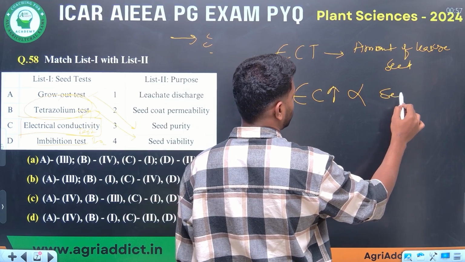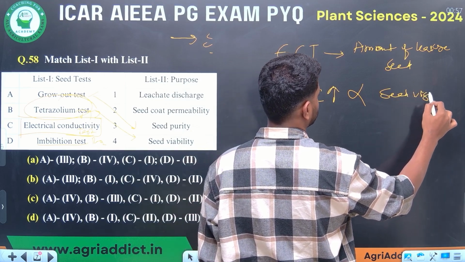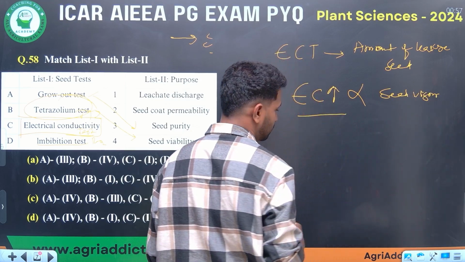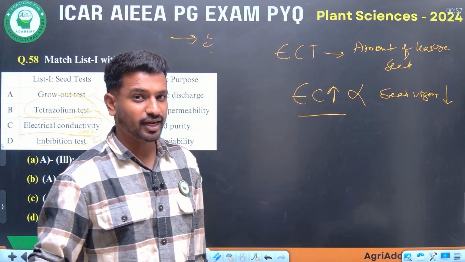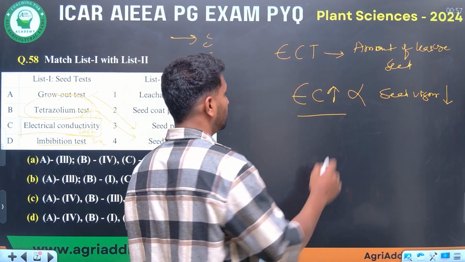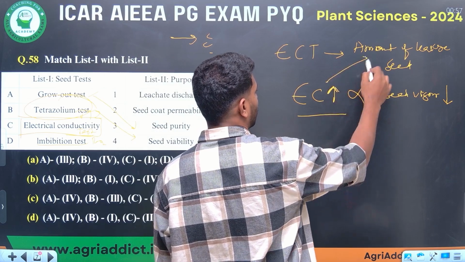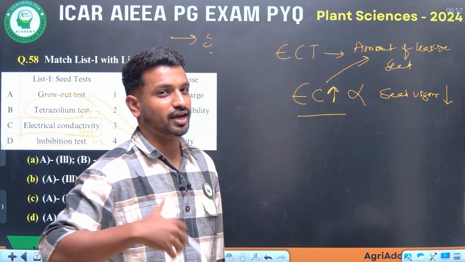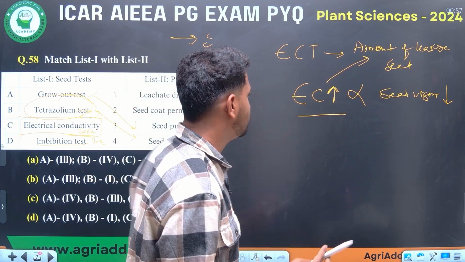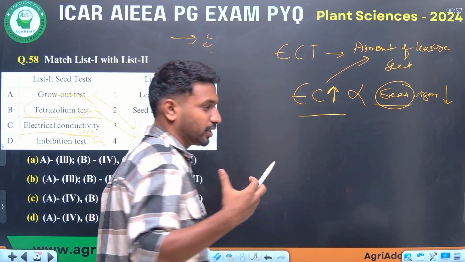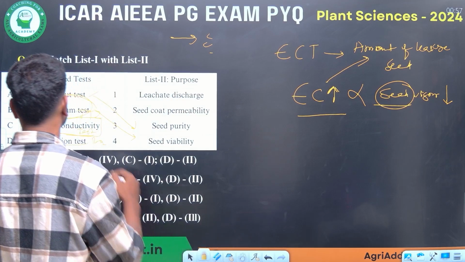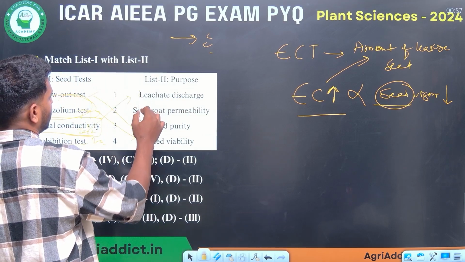This is an estimate of vigor, and a high EC means seed vigor is low. Why is the electrical conductivity high and seed vigor low? Because a high EC value refers to a high amount of leakage. If there is a high amount of leakage, that definitely means the seed is losing its power or potential to grow. So that's why this is for the leachate discharge.